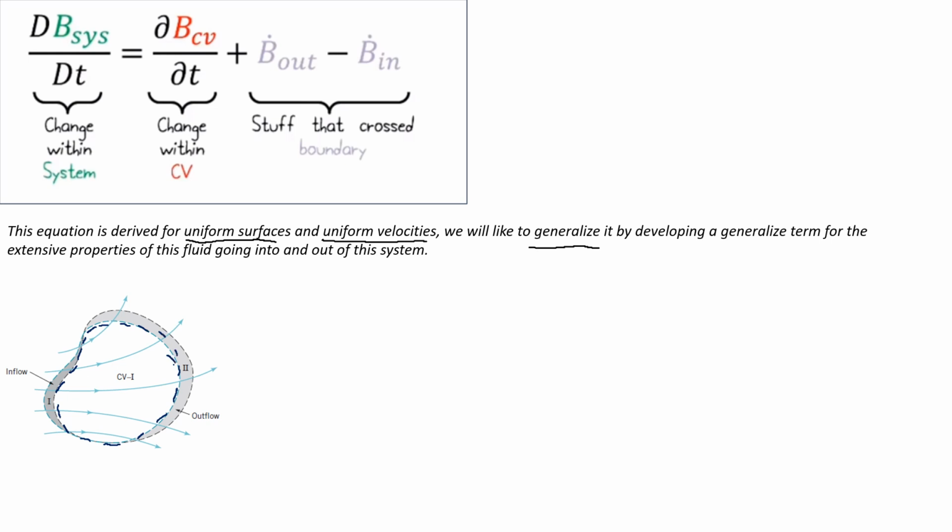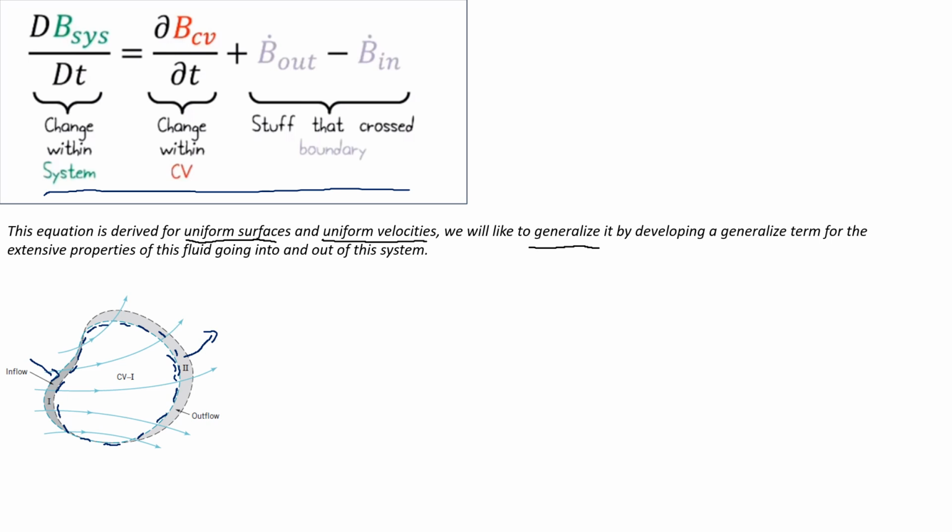This is my control volume that is fixed, and this is the fluid that is going into the control volume, and that is the fluid going out of this control volume. Now this shape is not uniform, you can see, and the velocity will not be uniform because the shape is not uniform. So now we would like to make an equation so that we can generalize this Reynolds transport theorem equation for different flow phenomena.